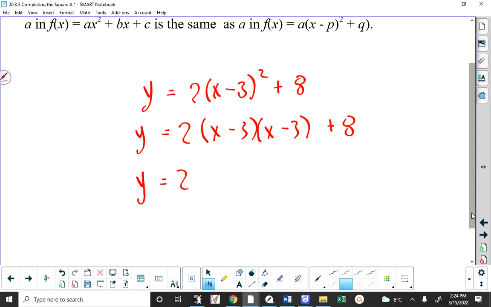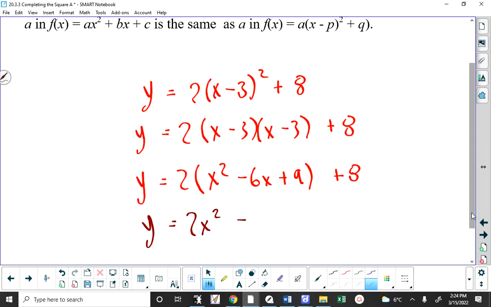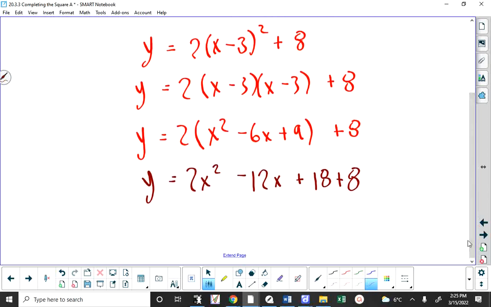You get y equals 2 times (x squared minus 6x plus 9) plus 8. When you FOIL out (x minus 3) times (x minus 3), you're going to get x squared minus 6x plus 9. When I multiply that 2 through, I'm going to have y equals 2x squared minus 12x plus the 18 plus the 8. So in standard form, it's 2x squared minus 12x plus 26.